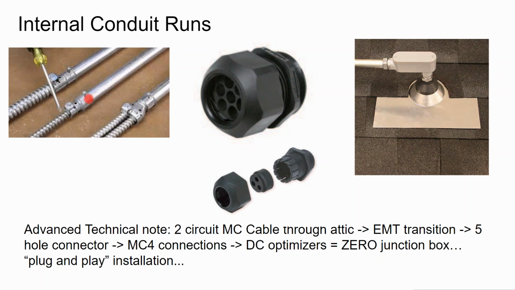But then when you get to the roof, you could either transition into a short stub of EMT and then go into your box, or this is the other thing you can't find at a hardware store. You can connect right when you come out of the rooftop, you can connect a multi-hole connector and transition into your rooftop PV cable at that point. So again, I like hiding that transition underneath the array.